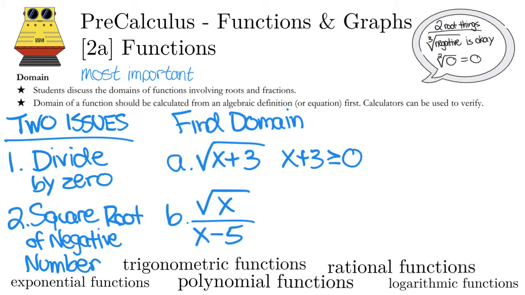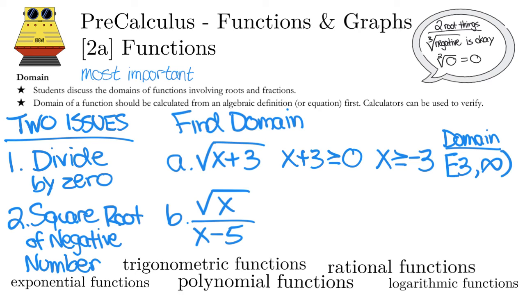By solving that inequality, we're finding the domain of that function. And the solution is x is greater than or equal to -3. Therefore, the domain in interval notation is bracket -3, comma, infinity, close parenthesis.